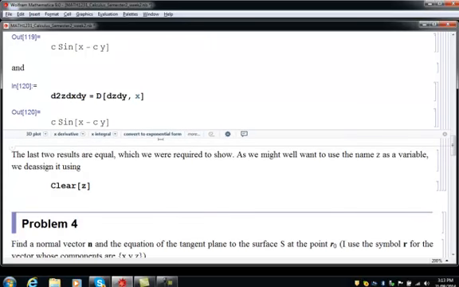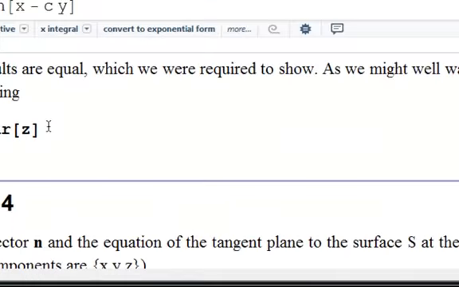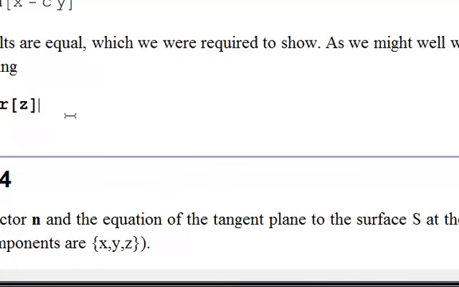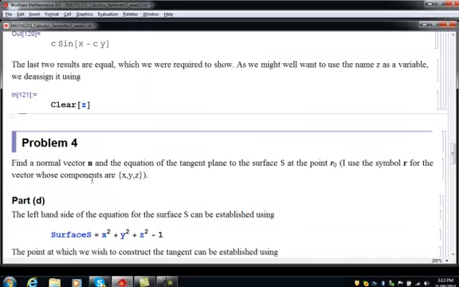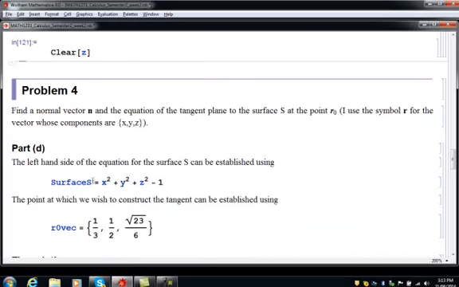So that was the second part of the problem. Now, all that remains to do is to deassign this function z, because we may want to use the variable z again as a coordinate, for example. So that's done by this function Clear, which removes whatever definition we had from z.